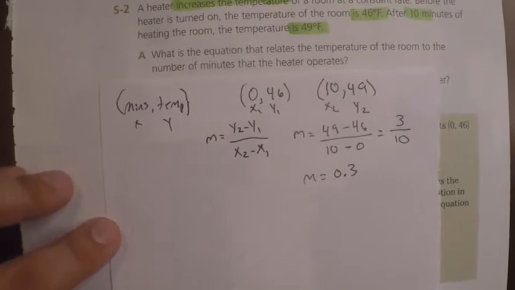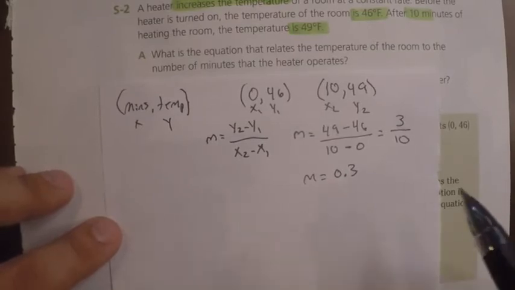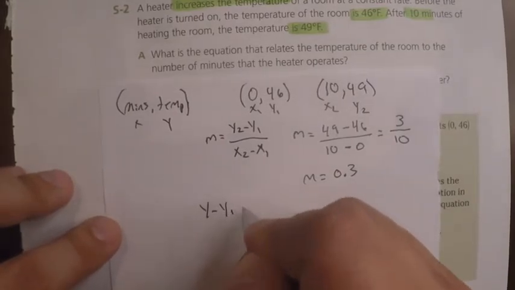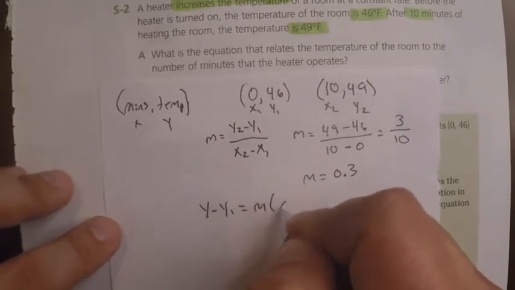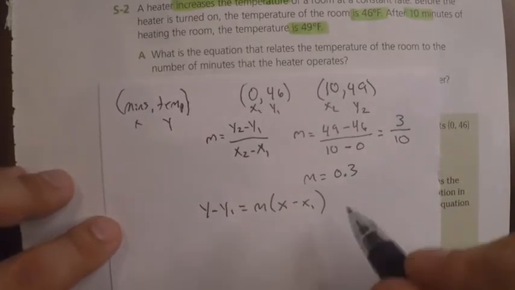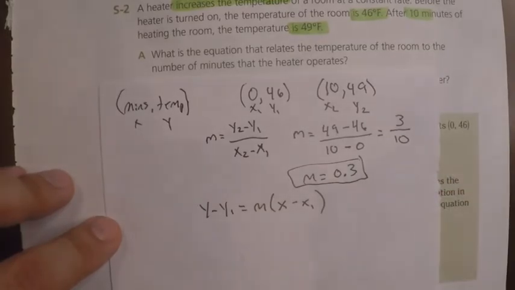What we can do now is use the slope and 1 point, and write the point slope formula. Our formula again is y minus y1 equals m times x minus x1. For the slope, we're going to use m equals 0.3.